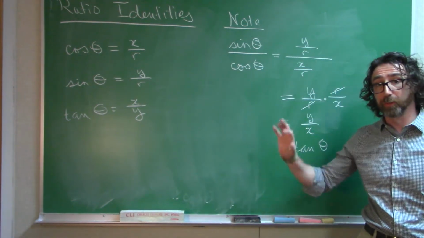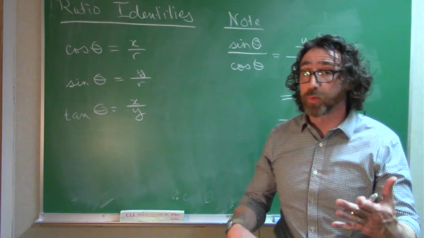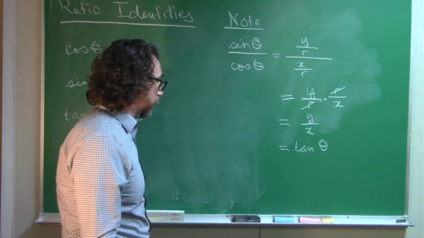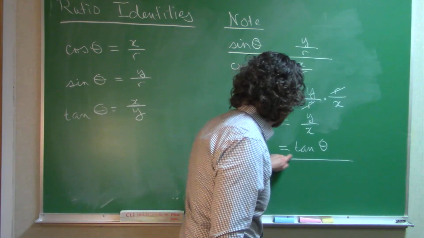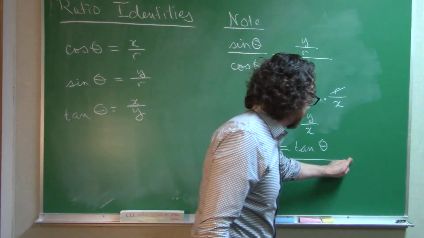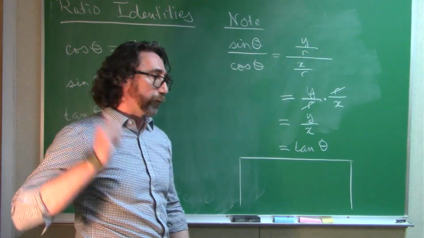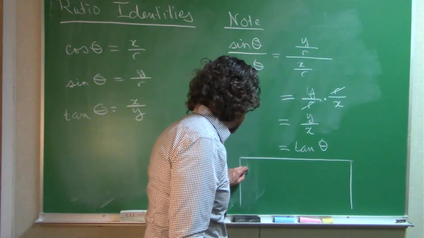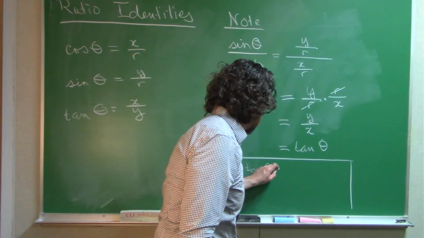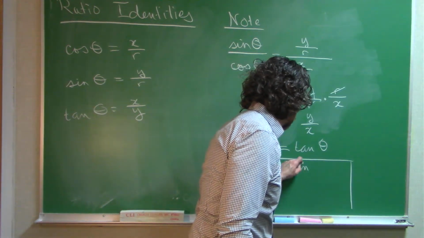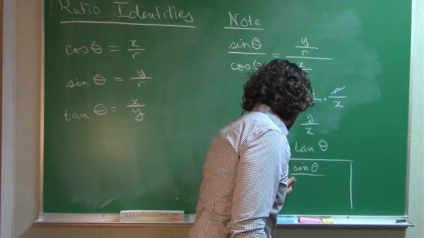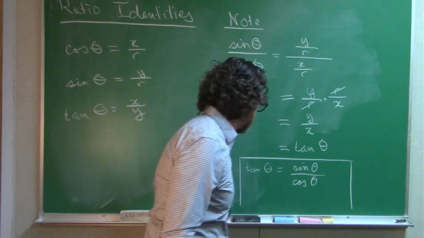We could play a similar game with cotangent. The reciprocal identities are the very straightforward ones that we were using the last couple of videos. The ratio identities are these right here: tan theta equals sine theta over cosine theta.